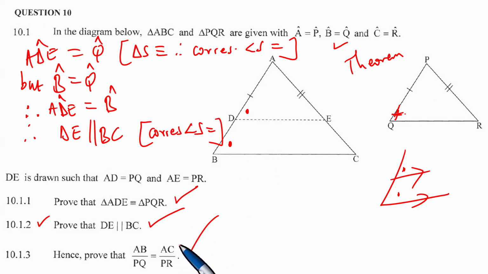Then, if they're parallel, you're able to achieve, therefore, that AD over PQ is equal to AC over PR. Next point.